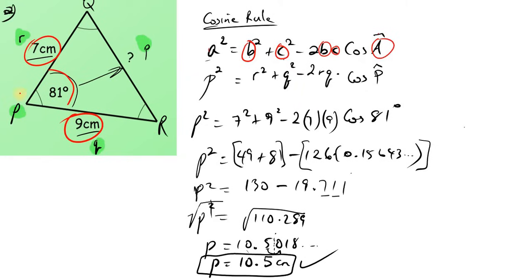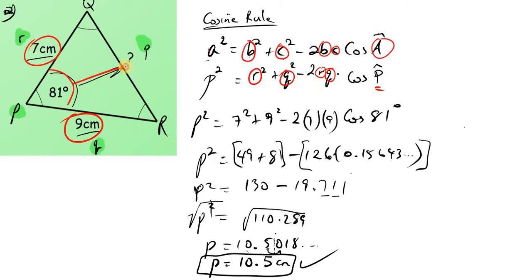In this case, it is given as P. That's why we have P here. The two sides that form the included angle are B and C in the formula, but in this case we have different letters, so we use R and Q to represent those.